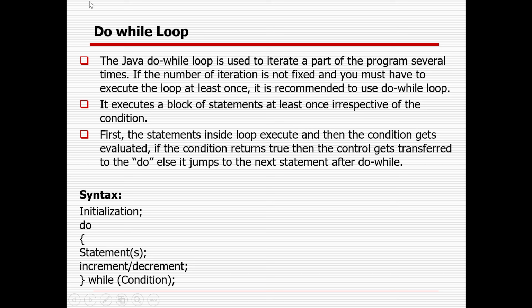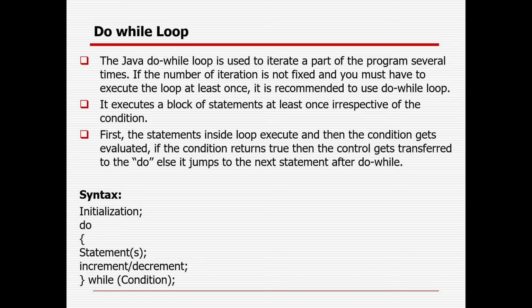The Java do while loop is used to iterate a part of the program several times. If the number of iterations is not fixed and you must execute the loop at least once, it is recommended to use the do while loop. So in real time, suppose you need to do some operation using Selenium WebDriver, but it does not matter whether your condition is matching or not.